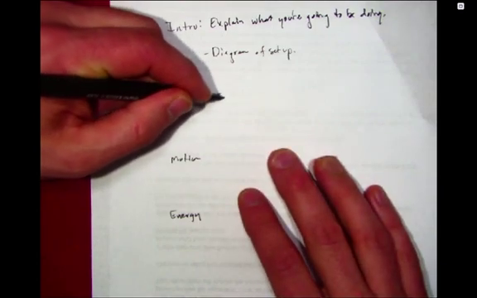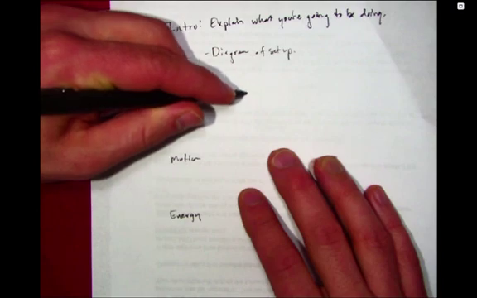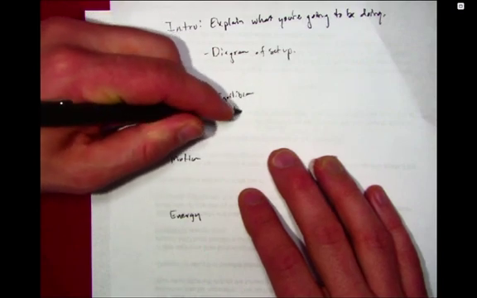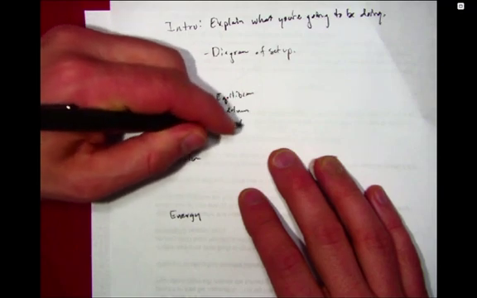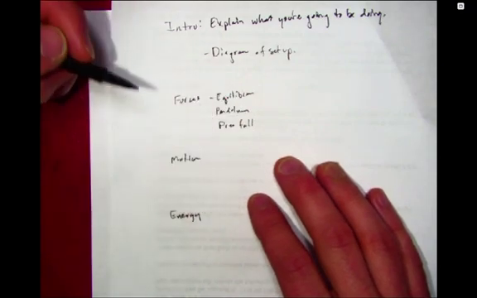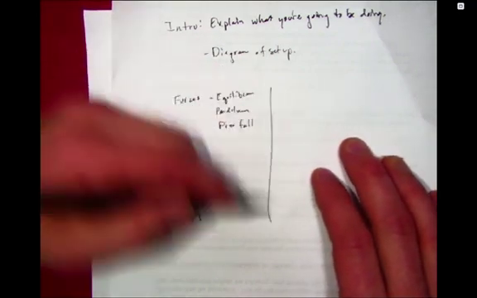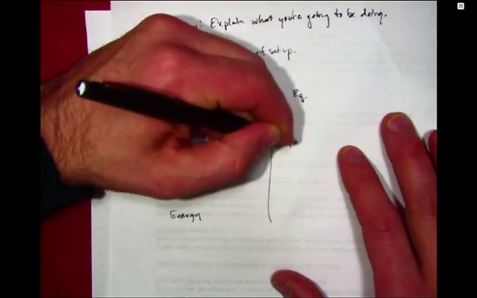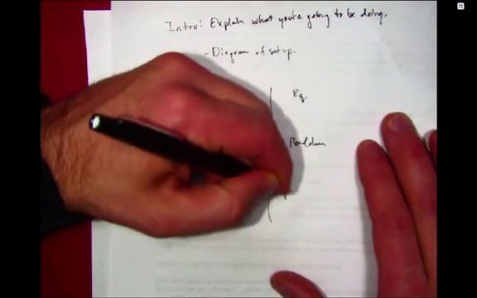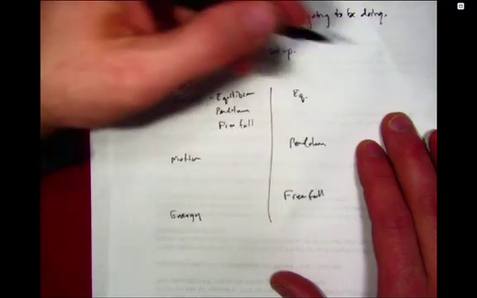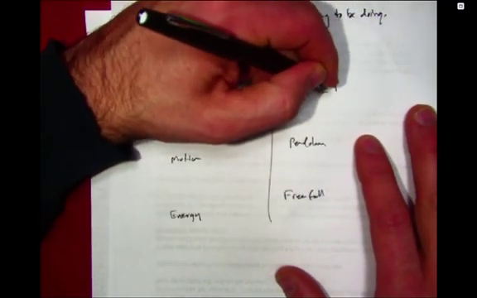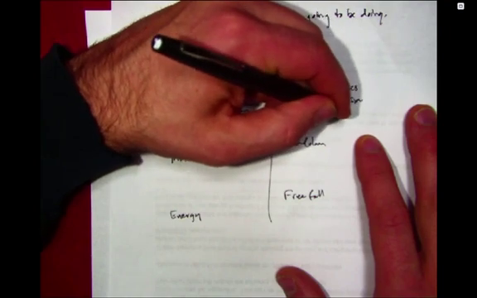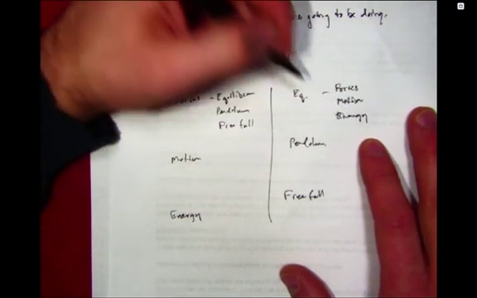So forces in equilibrium, pendulum, and free fall, and you would do that for each of these. That's one option. The other option is you can talk about equilibrium, pendulum, and free fall, and then for each one of those talk about forces, motion, and energy, like a paragraph about that.